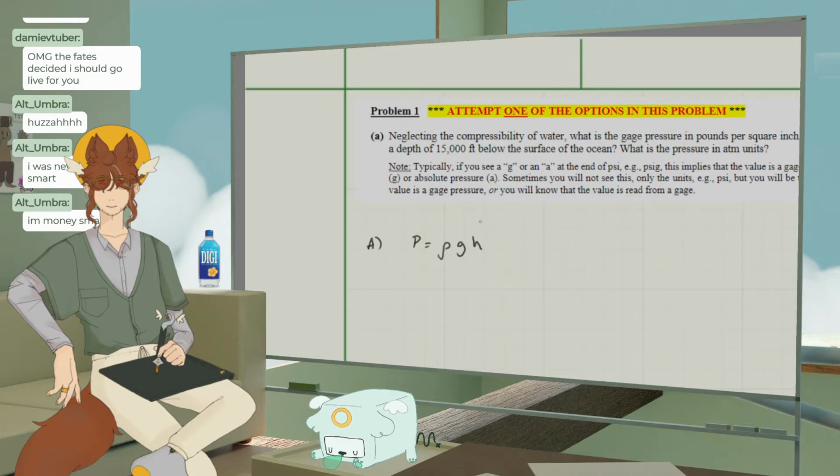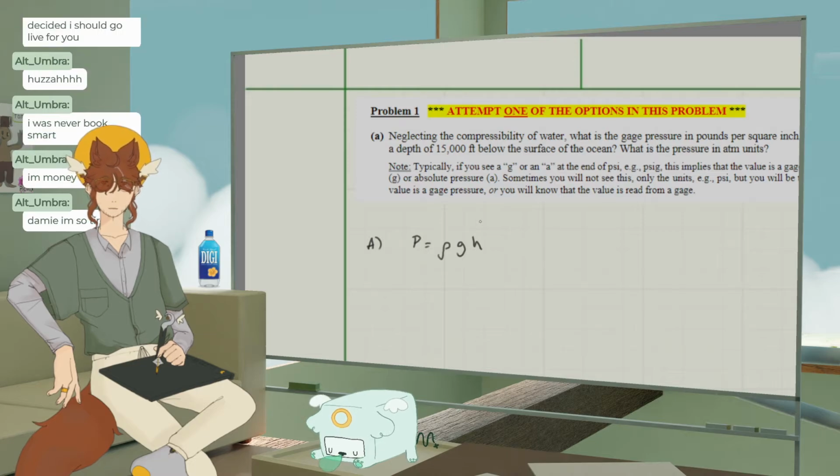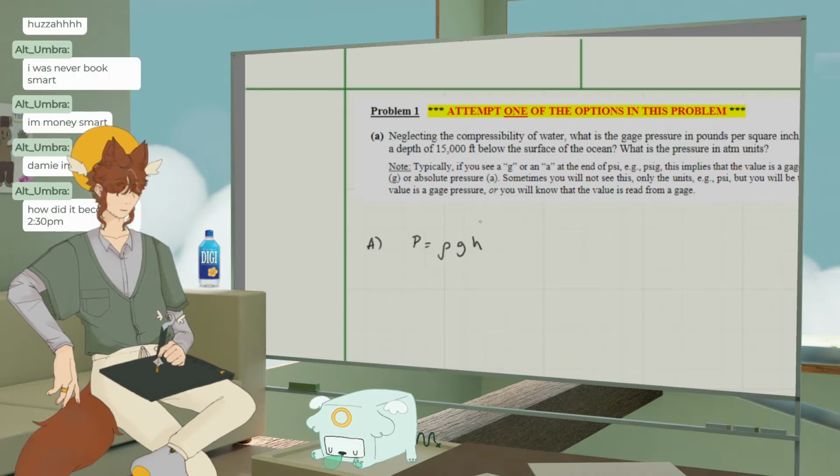Okay, I found fluid properties. Where's water? I just need the density of water. In slugs per feet cubed? What are we doing? Pounds per square inch. I'm so tired. Specific weight, pounds per square foot. I think that's right.